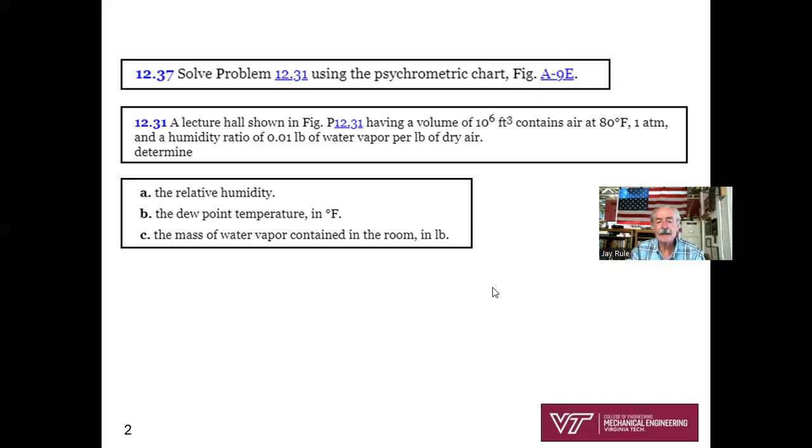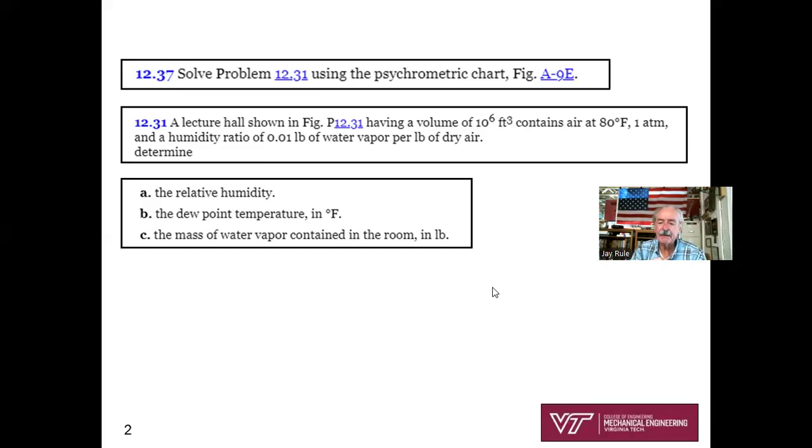It says a lecture hall has a volume of 1 million cubic feet. That is a big lecture hall. So that's even going to be bigger than the typical classrooms that you might have in Goodwin Hall. Not as big as the Burris Hall Auditorium, but a very large lecture hall.